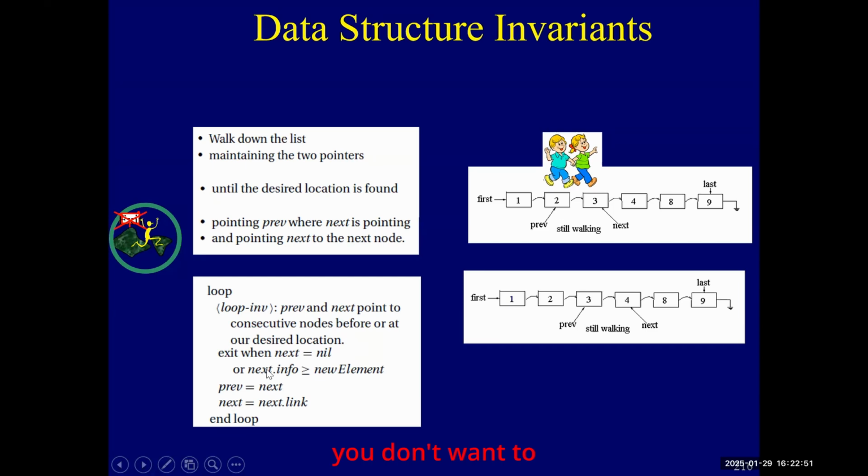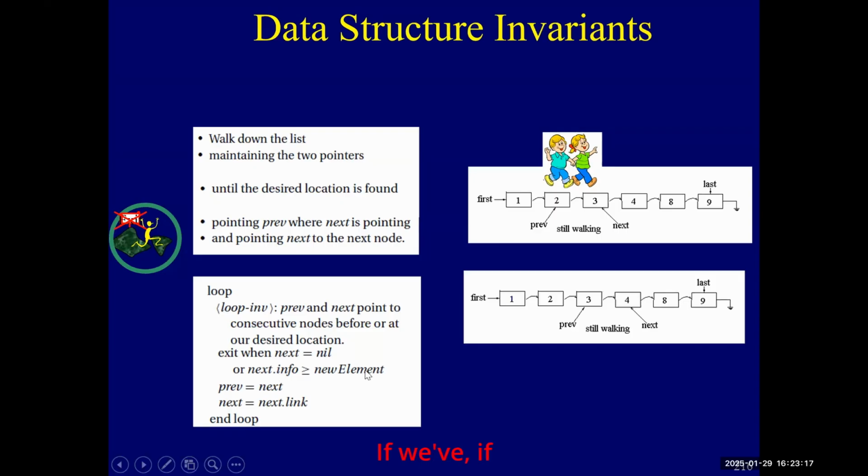And when do we want to stop? Well, you don't want to fall off the end. If next is pointing at nil, then you'll crash on this line, so we want to stop then. And we also want to stop if next's info is bigger than our new element.